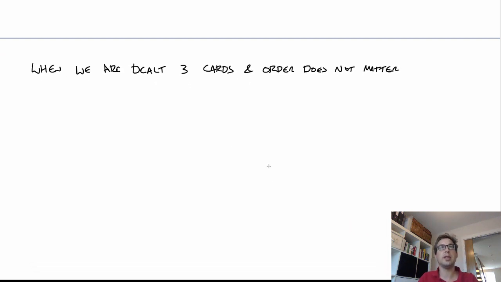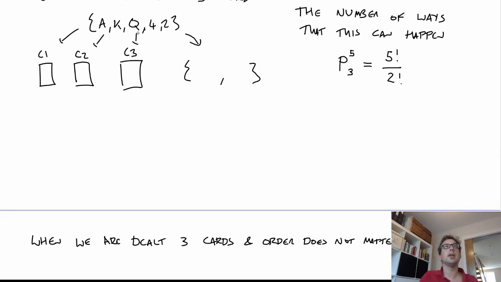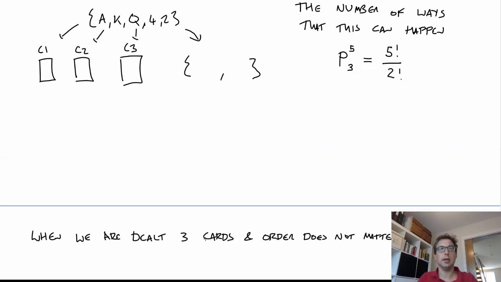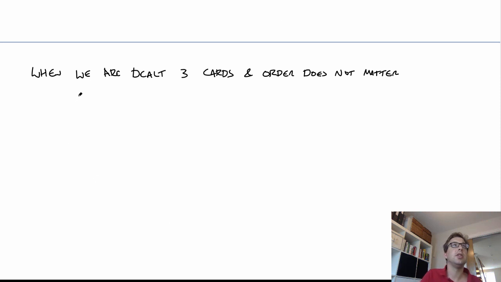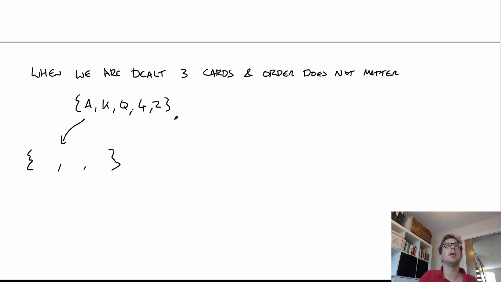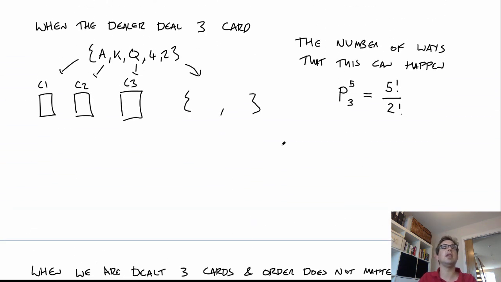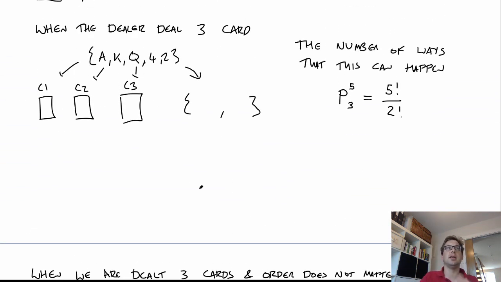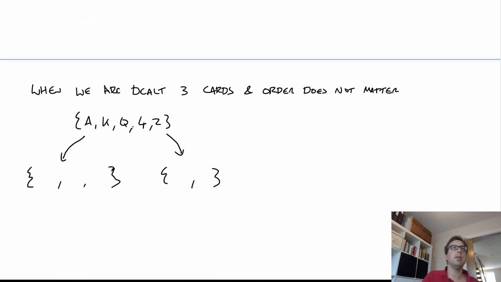Rather than the situation above, where the dealer has ace, king, queen, 4 and 2, we've got 3 slots in our hand that need filling. We don't really care what order they occur in. And then the dealer has 2 slots in his hand as well. So we've gone from a situation where it mattered what went individually into each slot to a case where we have 3 places but we don't care about the order of them anymore. And the same here.